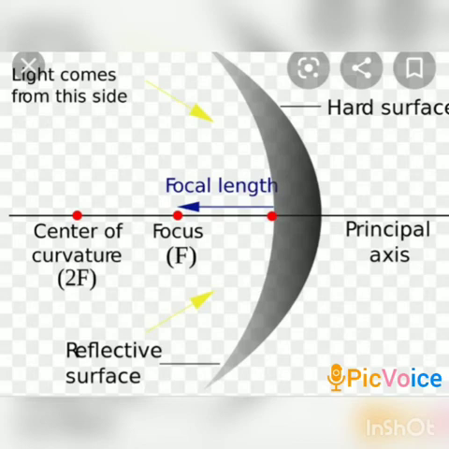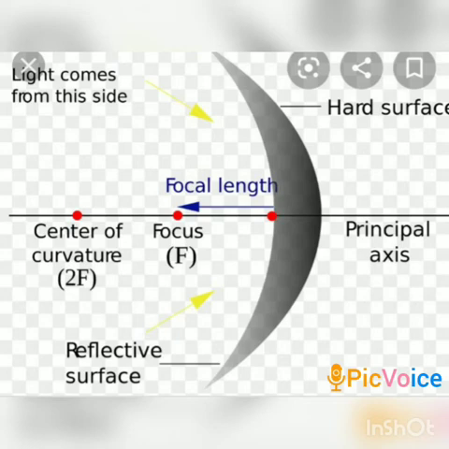In a convex spherical mirror they will diverge from the surface of the mirror, but they will appear to meet at a point on the principal axis, and that point is known as the focus.